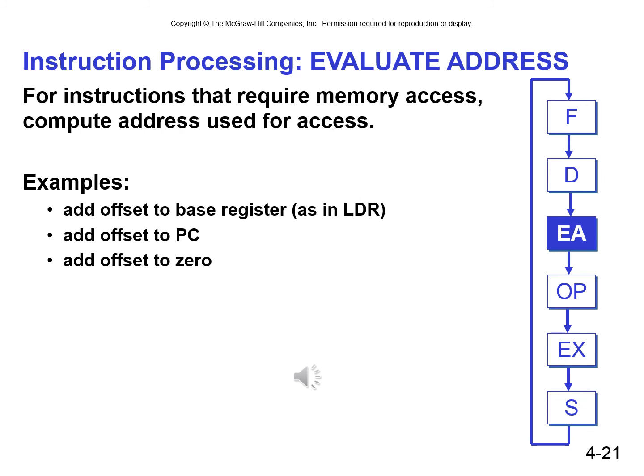They don't go out and access a memory address. So for those that do, we either add an offset to a base register, just like we saw in the LDR command, we add an offset to the program counter, which at this point in time is +1, or we add an offset to 0.